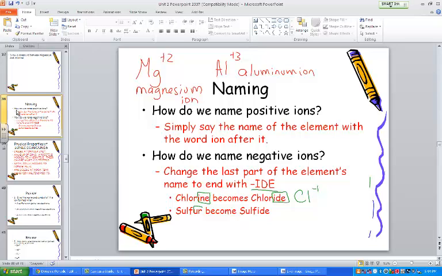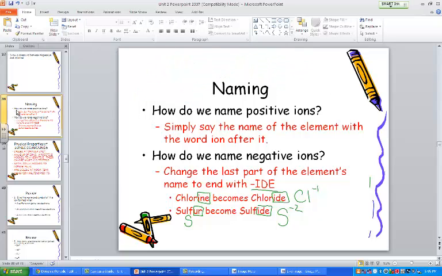Sulfur becomes sulfide, lopping off the last syllable of the element. Sulfide carries a charge. The element sulfur is neutral. The ion sulfide carries a -2 charge. Say the name of the positives just as it is with the word ion after it. Say the names of the negatives but end it with "ide." Little nomenclature. That's what language is in chemistry, nomenclature.